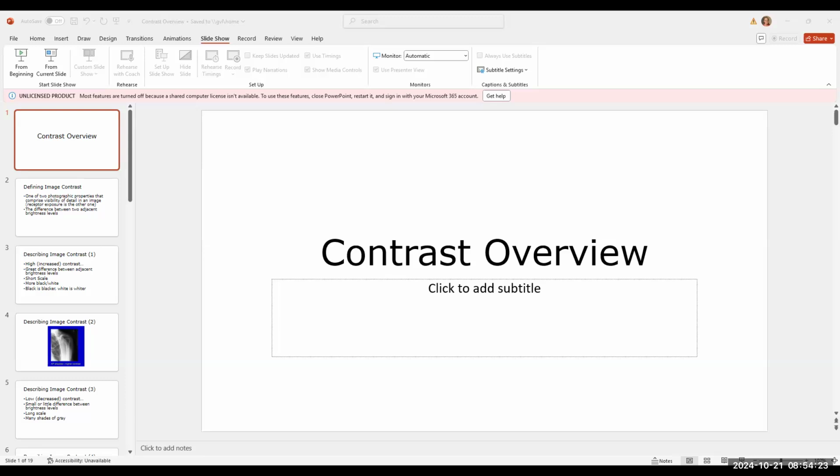So changing the SID does affect intensity. It affects the number of photons that are going to be available to interact at the IR, but it's not changing anything about the quality of the beam. So if you're asked if mass changes subject contrast, the answer is no. If you're asked, does SID affect subject contrast? The answer is no, it does not.